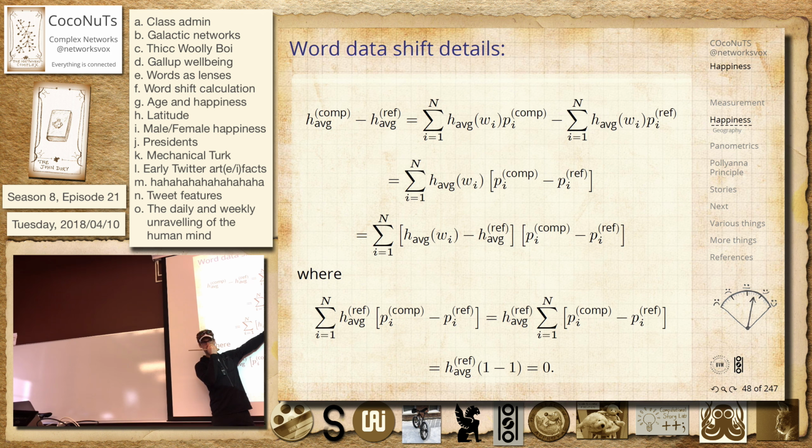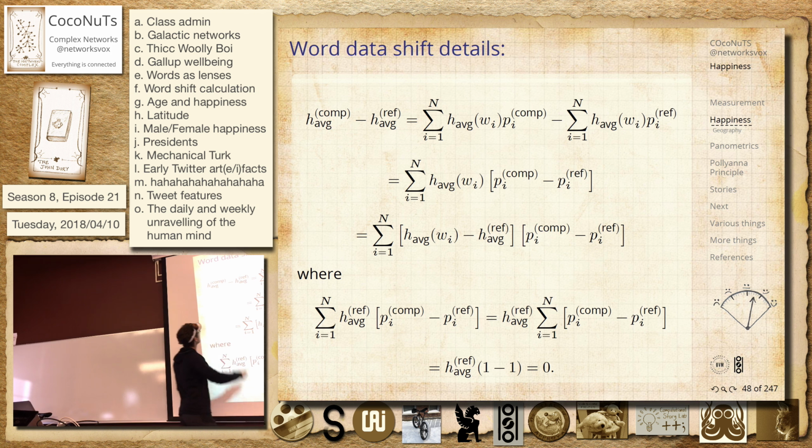Is it a really positive word or a really negative word? If we didn't have anything here, this is just a number between 1 and 9, and it wouldn't communicate much. So a reasonable thing to do, and you could think of other things, is just to subtract off the average happiness of the reference text, and then we know, is that word more or less happy than that text taken as a whole?